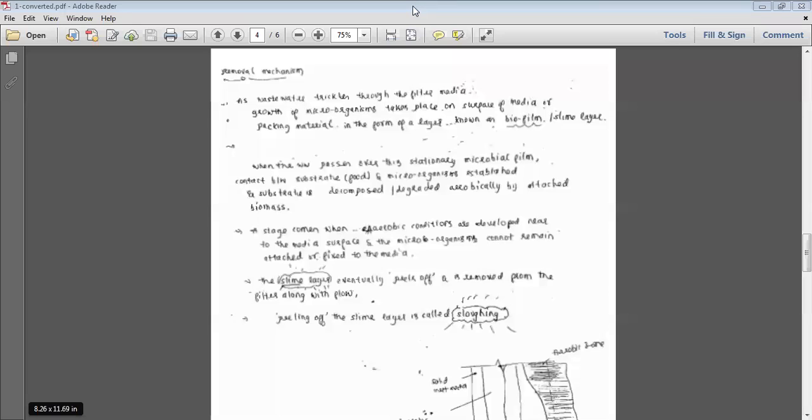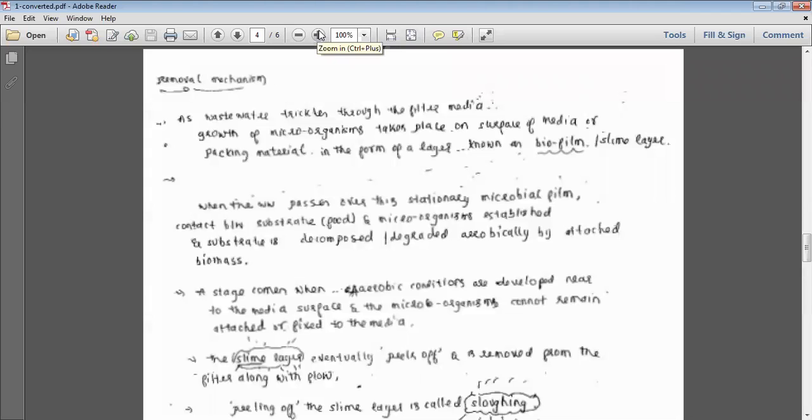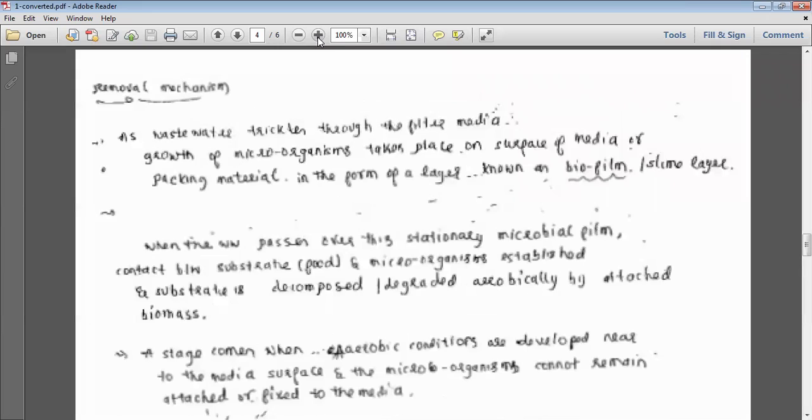Our network is slow here. We will wait. I hope you have understood now. I think it came. I'll try to zoom it. I already zoomed it, but it's taking some time to reach.